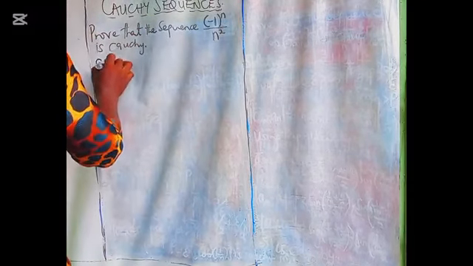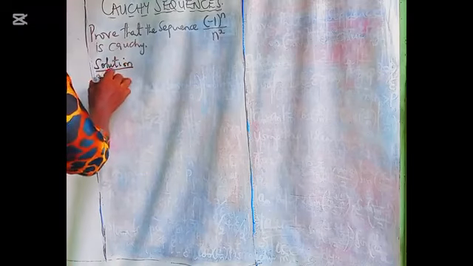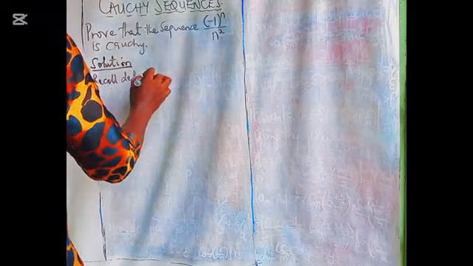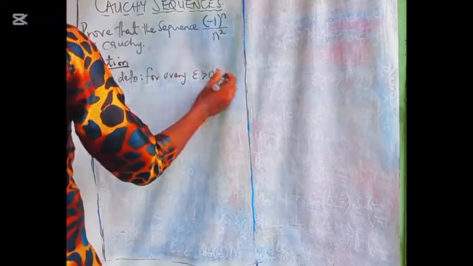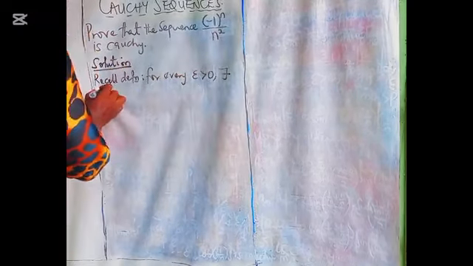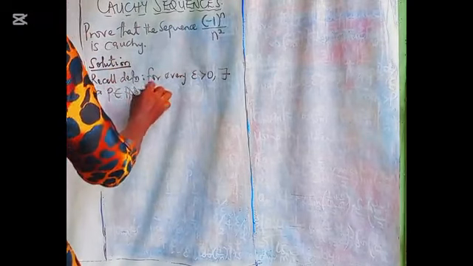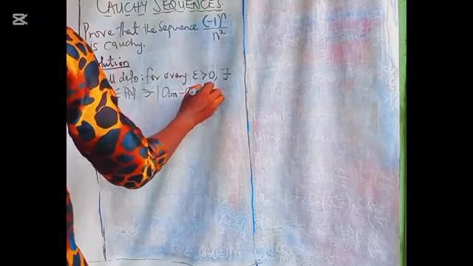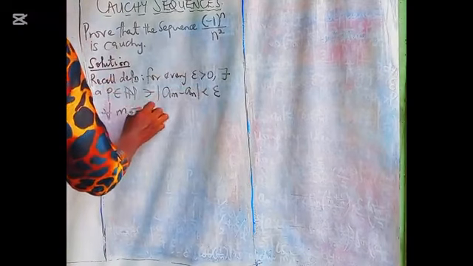Again, we remember that the first thing we need to do is to recall the definition. For every epsilon greater than 0, there exists a p belonging to the set of natural numbers such that |a_m - a_n| is less than epsilon for all m, n greater than p.